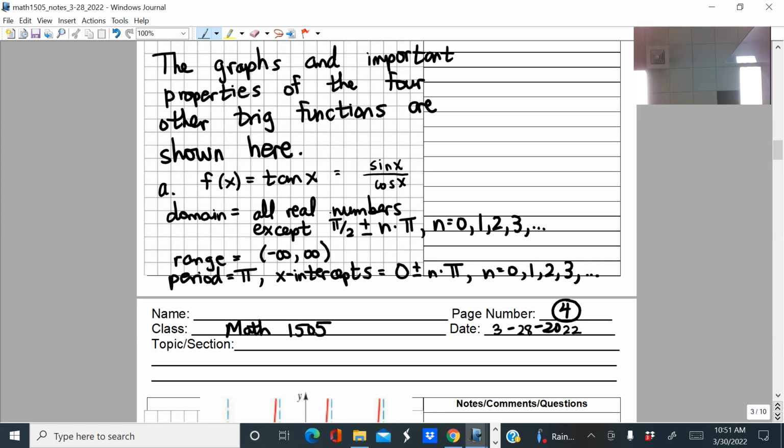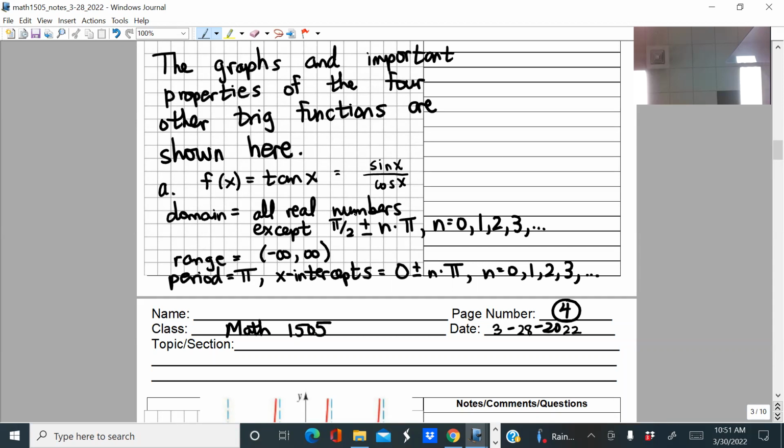So the domain of the tangent function is all real numbers, except you have to throw out pi over 2 and pi over 2 plus any multiple of pi. So 3 pi over 2, 5 pi over 2, 7 pi over 2, or minus pi over 2, minus 3 pi over 2, minus 5 pi over 2. Those numbers are not in the domain of the tangent.